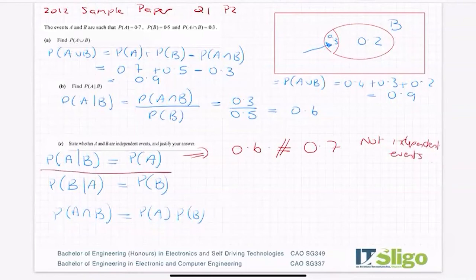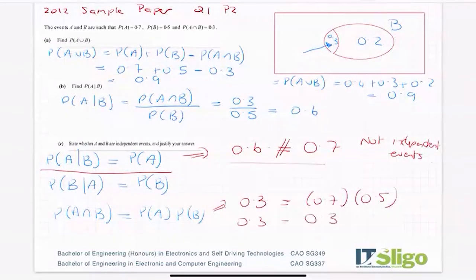Okay, so you'd write out your formula, you'd write out the values as such, and therefore state that they're not independent events. Okay, we haven't worked out the probability of B given A. It wouldn't be that hard. Let's try this one. The probability of the intersection 0.3, is that equal to the probability of A 0.7 by 0.5? Well, 7 5s are 35.